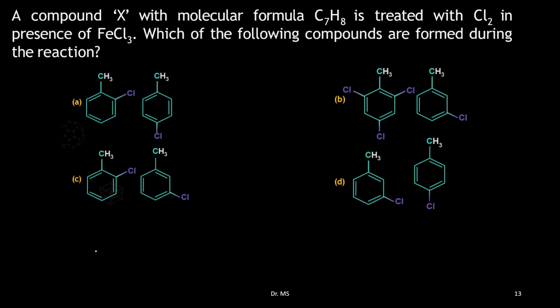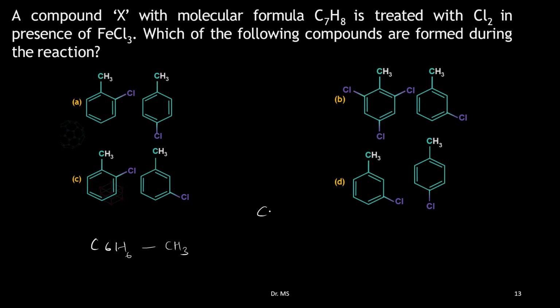That means you can say it is C6H5 with CH3. For suppose if I have C6H6, how can I attach here CH3? So I am removing one hydrogen and I am attaching CH3. Understood?